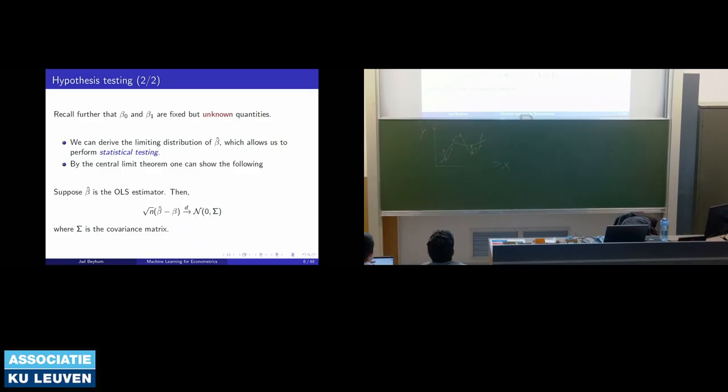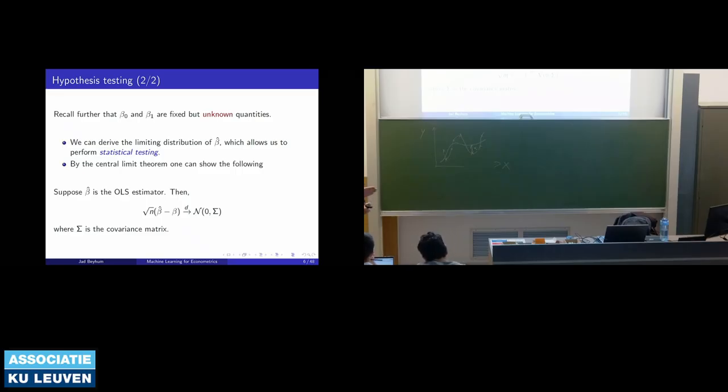Now, in practice, I don't observe the full population of Belgians, so I just draw a sample of 1,000 Belgians. There are infinitely many such samples that I can draw. Each of these samples will give me a beta hat.